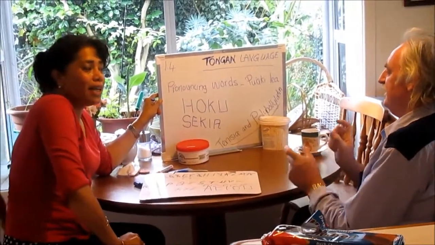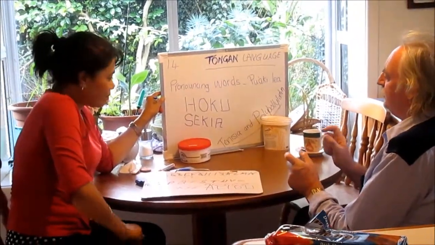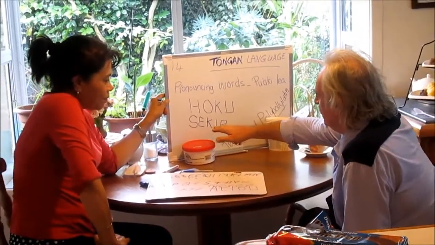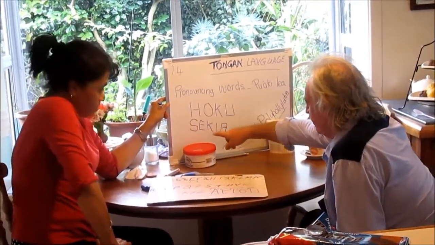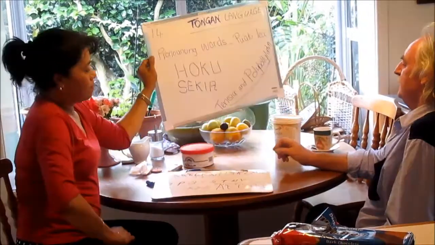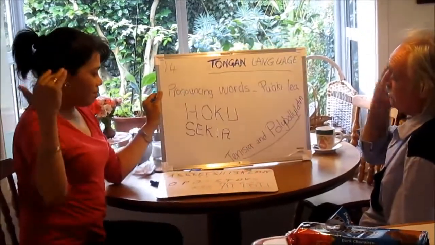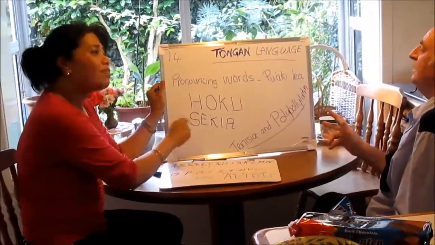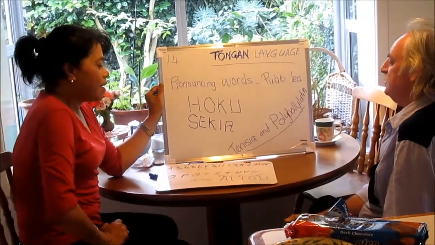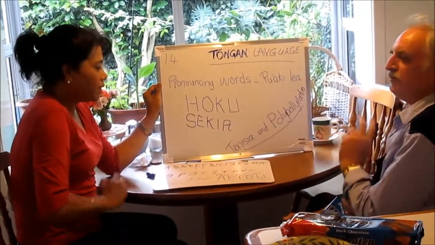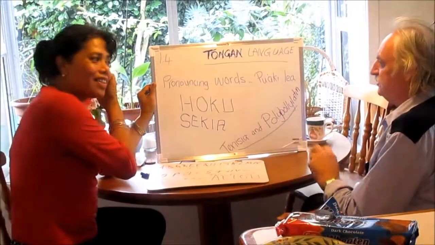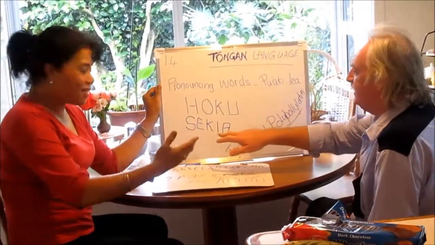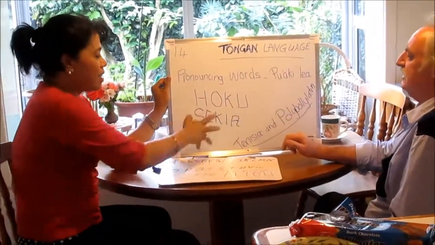We would have two... pronounce this one and that one. Two stresses on sekia. So it's two syllables. That was the word I was wanting. Syllables. Yeah, so very good. Listen to the teacher. Sekia.